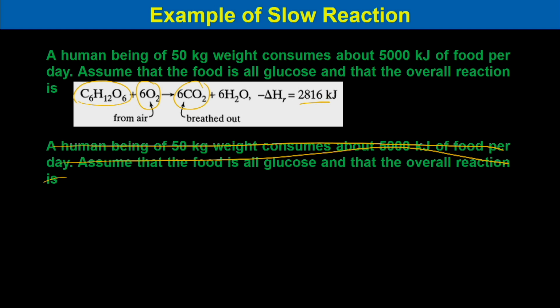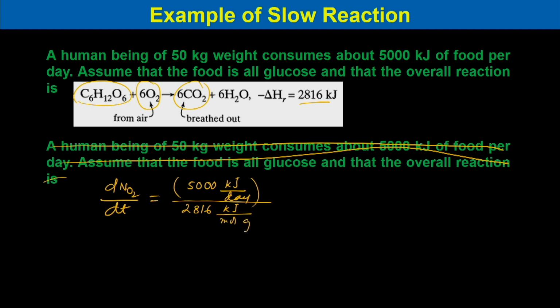So, now let us calculate dNO2/dt, which would be equal to 5000 kilojoule per day divided by 2816 kilojoule per mole glucose into 6 mole of oxygen by 1 mole glucose.